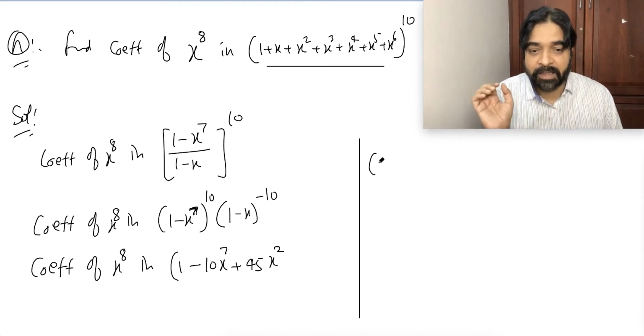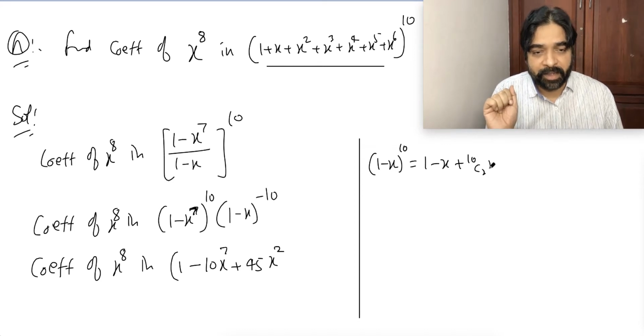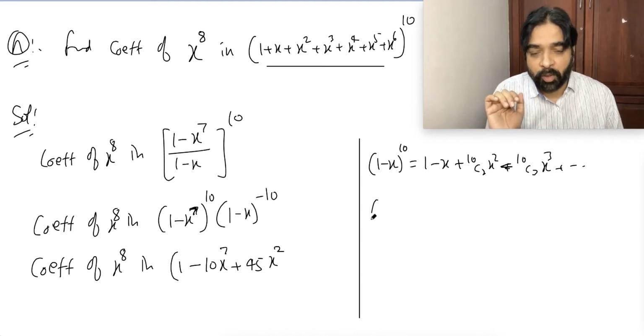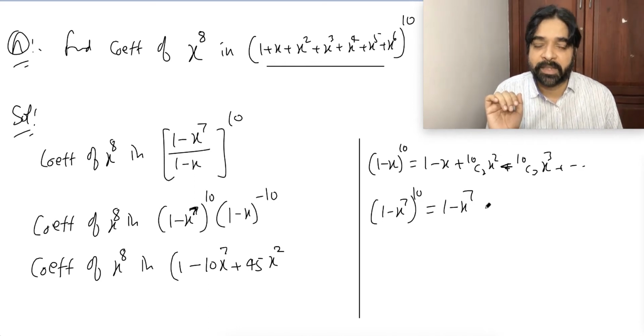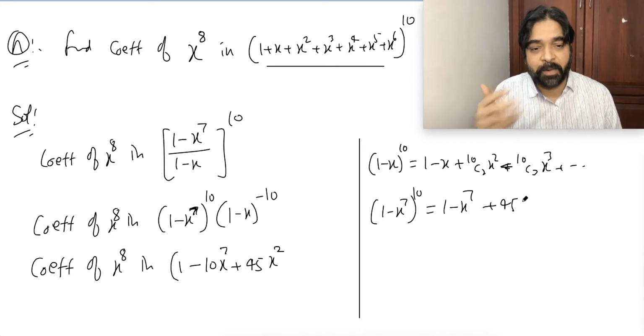If anybody asks, 1 minus x power 10 is what? 1 minus 10x plus 10C2 x square minus 10C3 x cube plus so on. So 1 minus x power 7 whole power 10 will be what? 1 minus 10 x power 7 plus 10C2 x power 7 whole square. 10C2 is 45, and x power 7 whole square means x power 14.